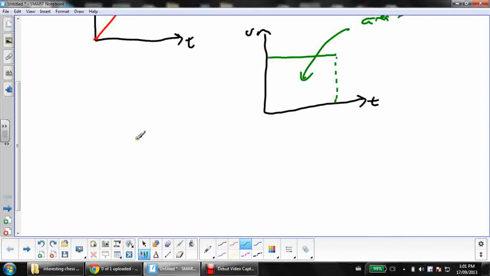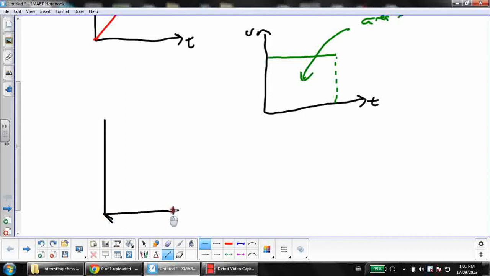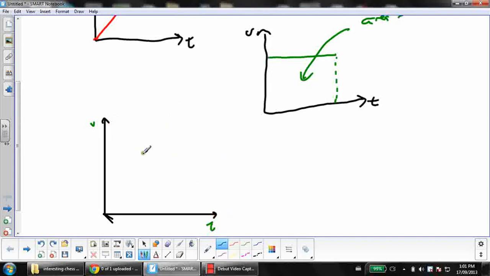But the question is, is there other information that I can get from one of these graphs? And there is.